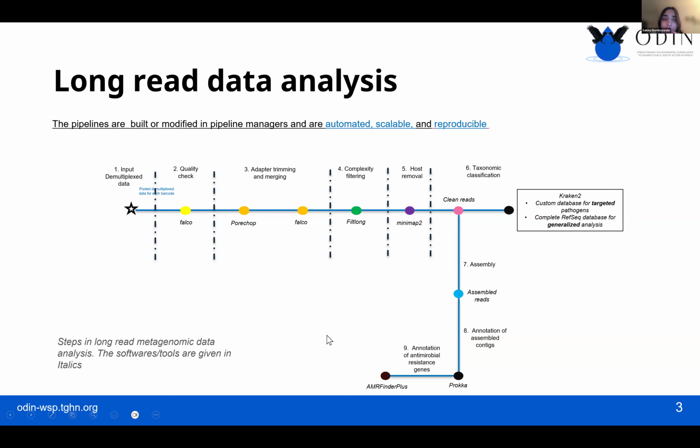Here I'm showing a generalized diagram for analysis of long read data from a nanopore sequencer, for example.